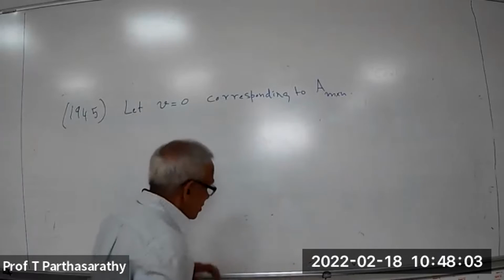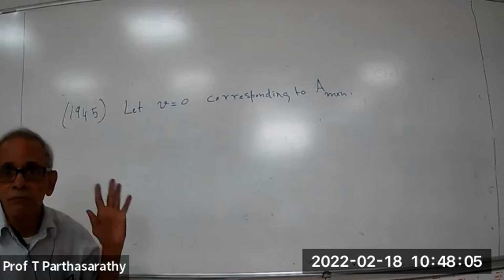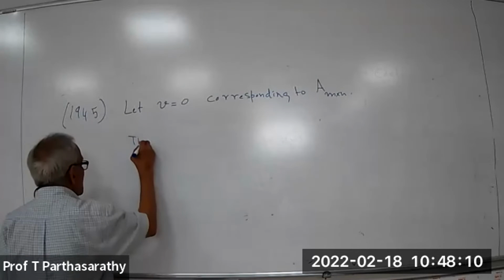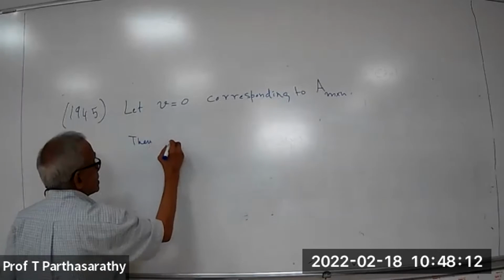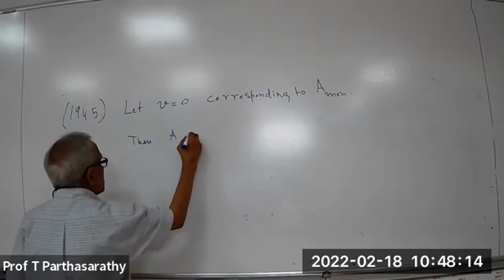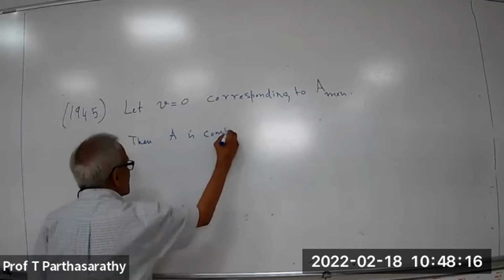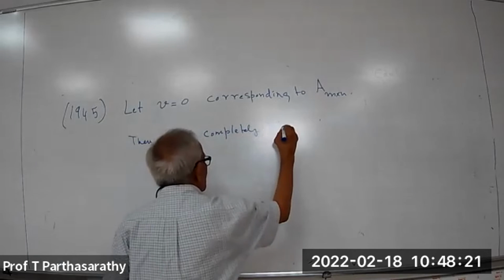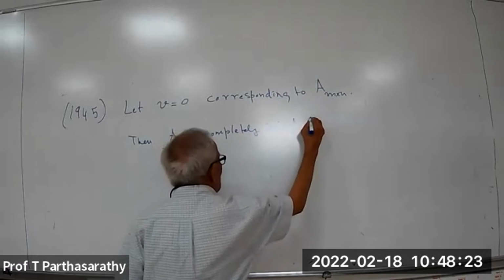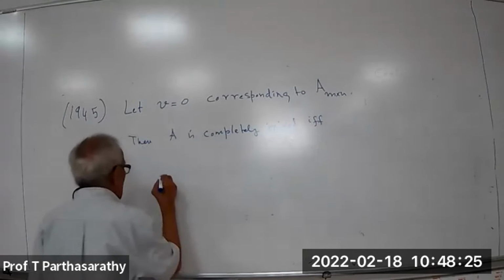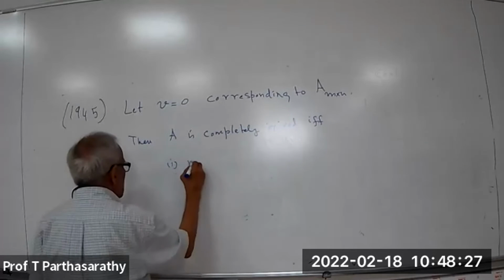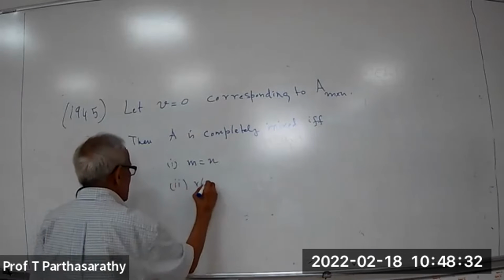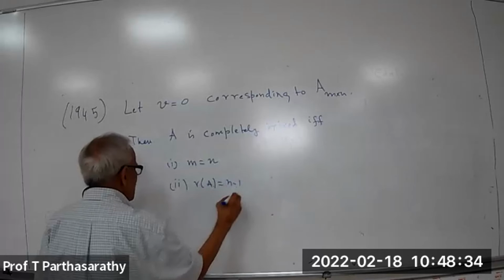That is, he is taking a game with value 0. Such games he characterizes. Then A is completely mixed if and only if the following happens. 1, m equals n, it should be a square matrix. 2, the rank of A is n minus 1.